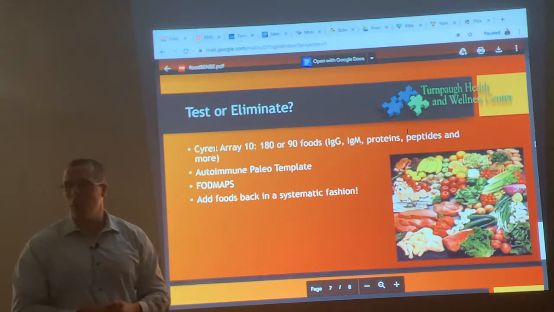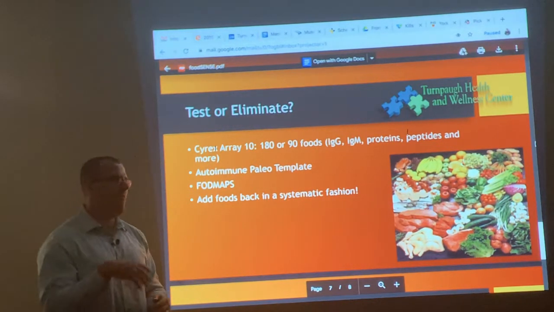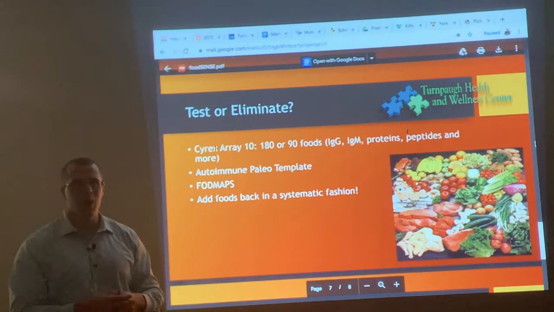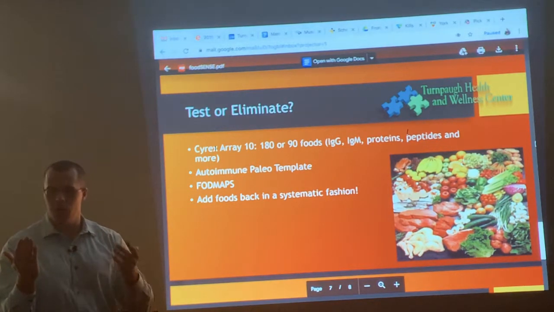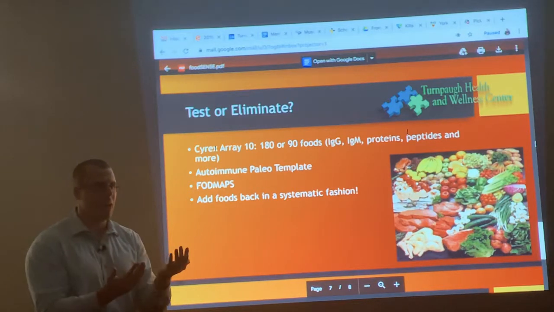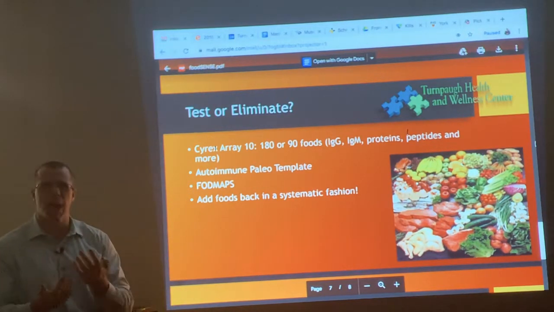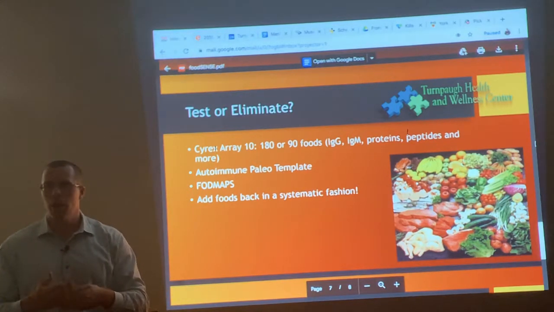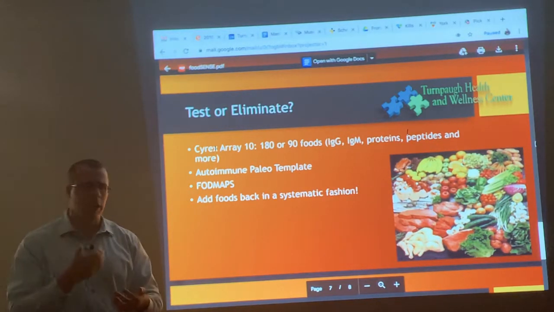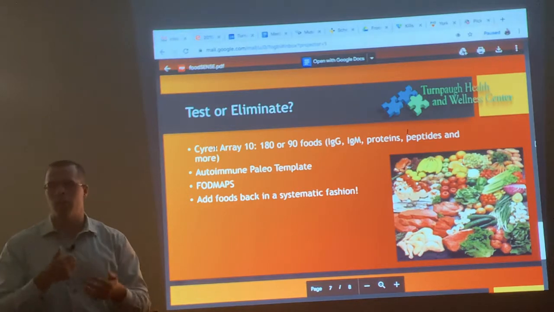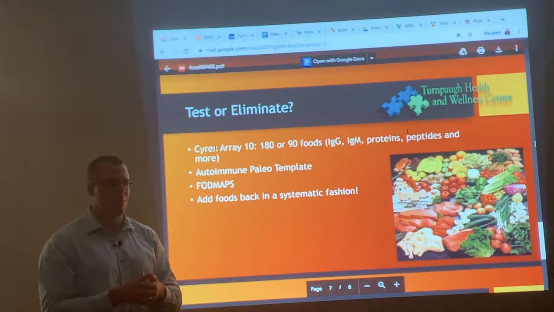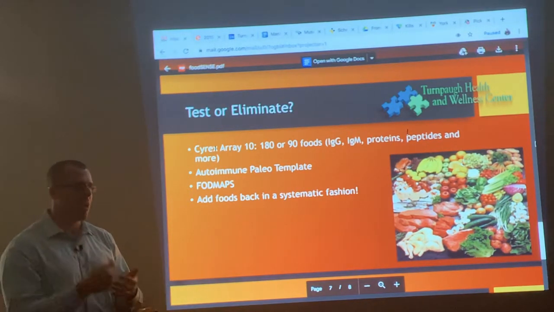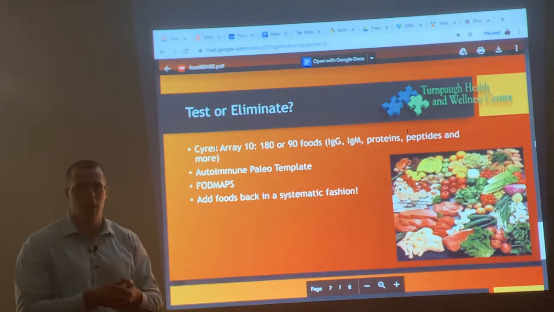Then you're going, well, this says I can have this food, but I noticed this reaction. That's what often happens, and it just stretches out the progression of health. My biggest thing is I want to get you well as quick as possible, even though we're dealing with chronic disease, which is kind of an oxymoron. But my goal is to get you as healthy as quick as possible.